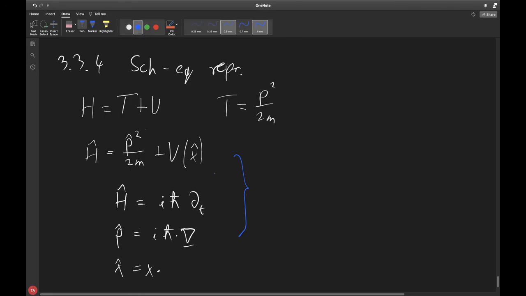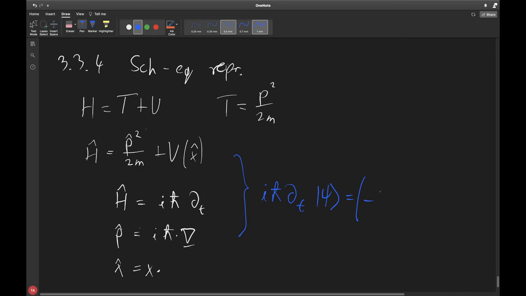So let's just plug all these in and say that I have h, which was this I h bar derivation by t, and I have applied that to the psi state. That equals the square of this thing. So the square of I is going to be a minus sign.